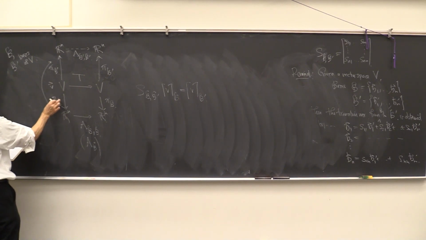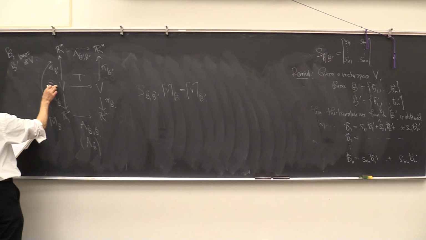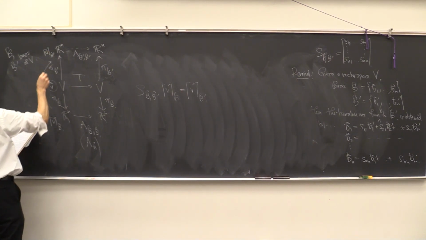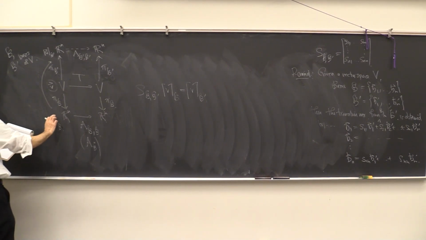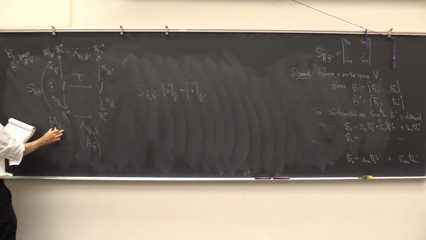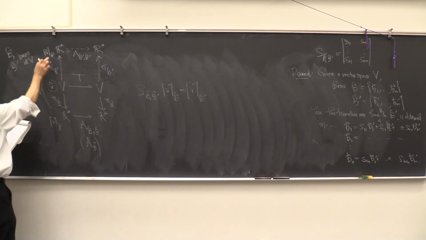This guy takes V to its coordinate vector with respect to B, and this guy takes V to its coordinate vector with respect to B prime.